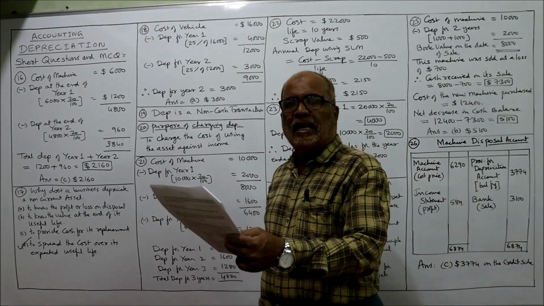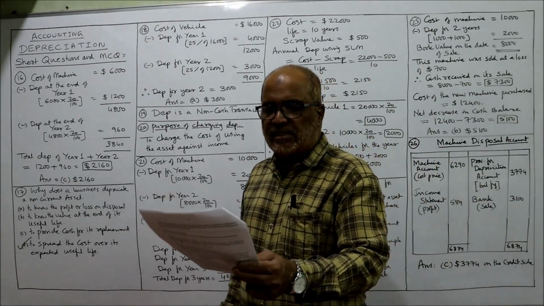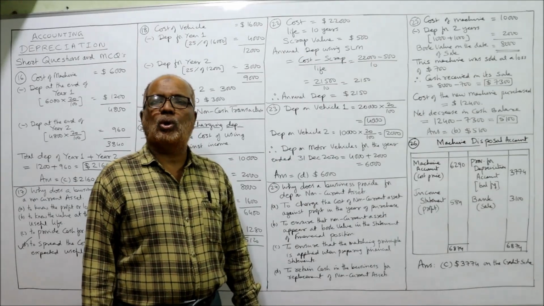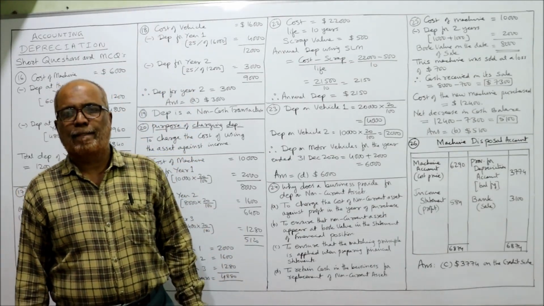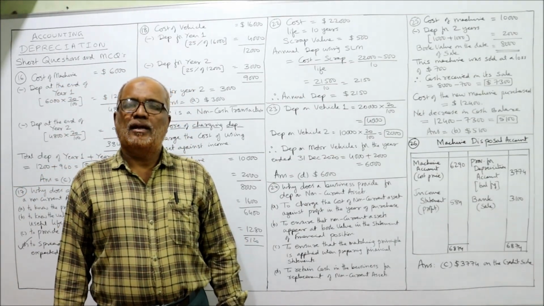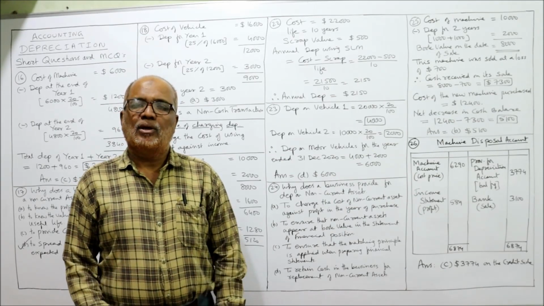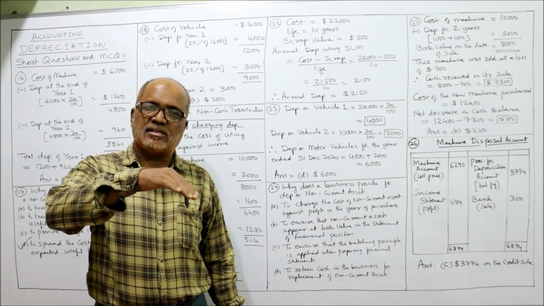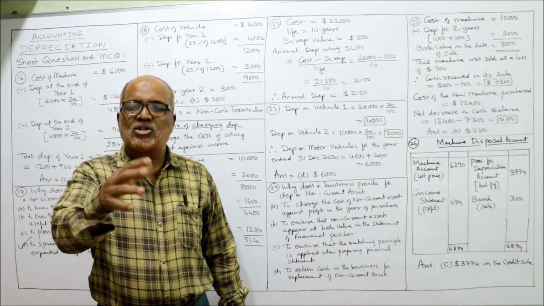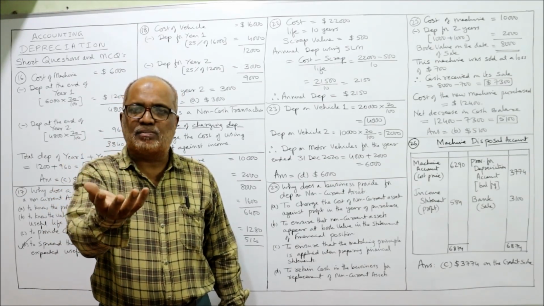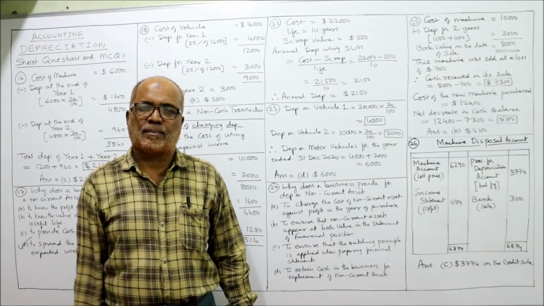18th completed. 19th: Depreciation is a cash transaction, true or false? It is false. Depreciation is a non-cash transaction. Two types of transactions are there: cash transaction and non-cash. A cash transaction is a transaction in which cash is paid or cash is received.